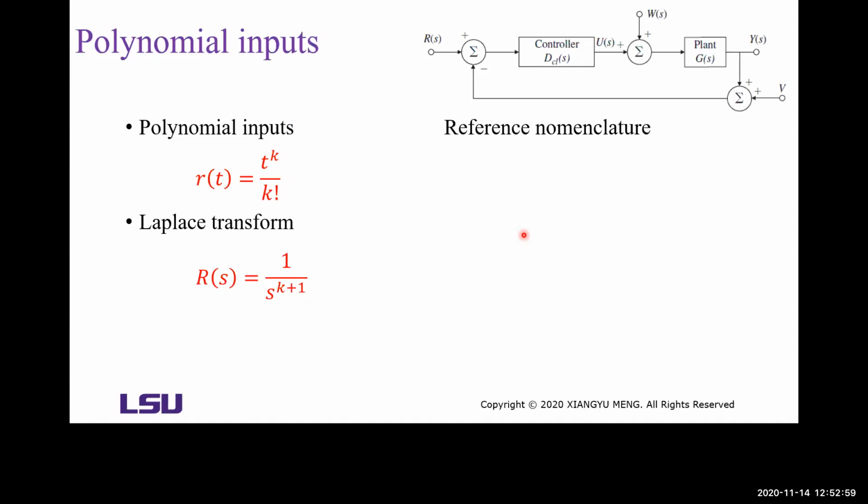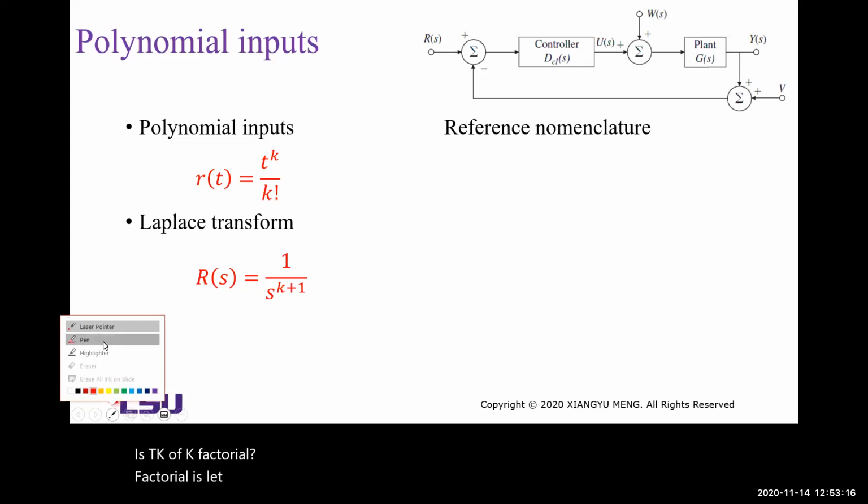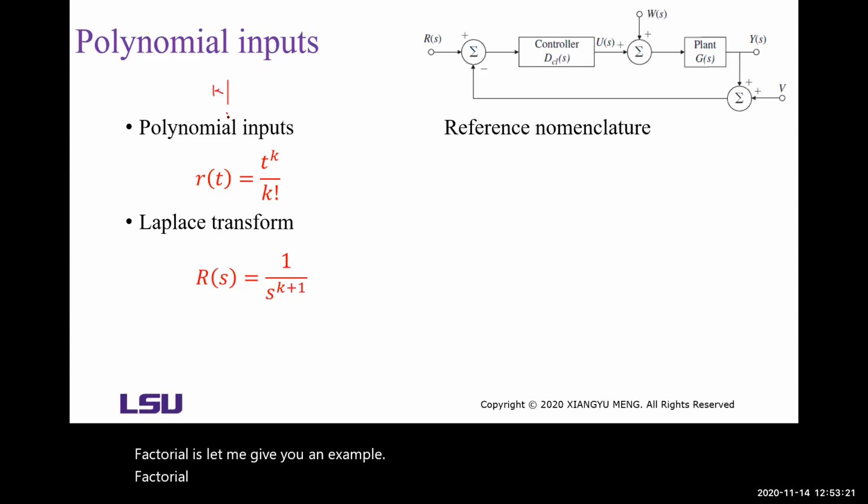For polynomial inputs, the time function is r(t) = t^k / k!. Factorial, let me give you an example: k factorial means k times (k minus 1) times (k minus 2) down to 2 times 1.